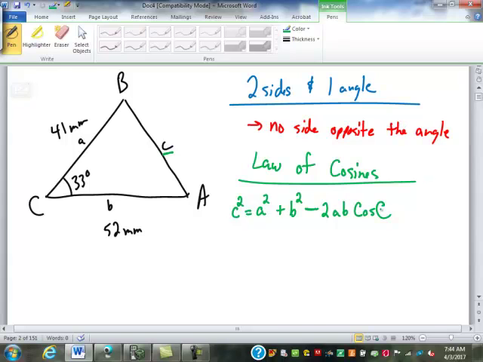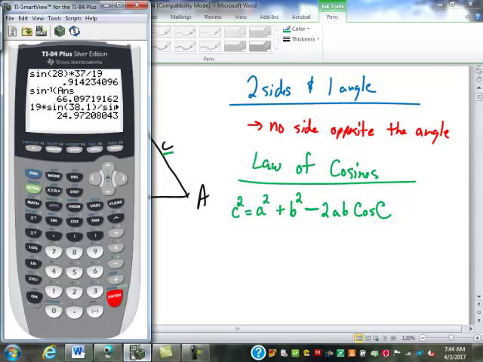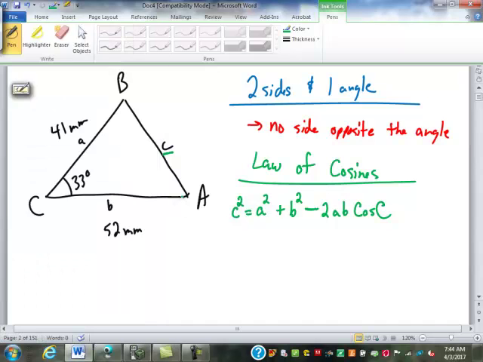Now, if C is 90 degrees, what is the cosine of 90 degrees? It's 0, right? So if C is a right angle, in other words 90 degrees, this becomes 0, and it is just the Pythagorean theorem. That's why we say it's the generalized Pythagorean theorem.